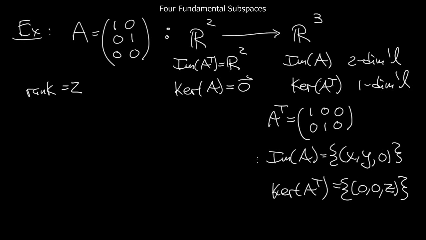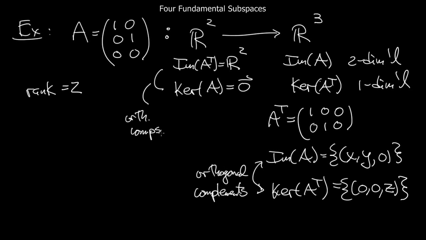And indeed, these two spaces add up to all of R3. They're orthogonal to each other, and they're each other's orthogonal complements. So this is the prototypical example. If you chose the right basis, any example looks like this. When the matrix is simple, it's easy to see in coordinates.